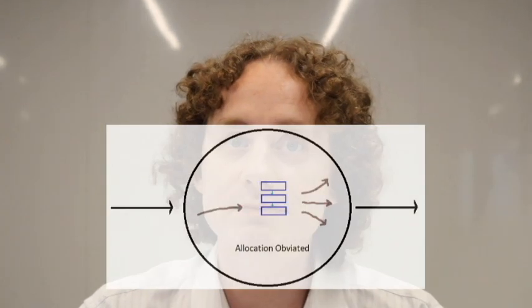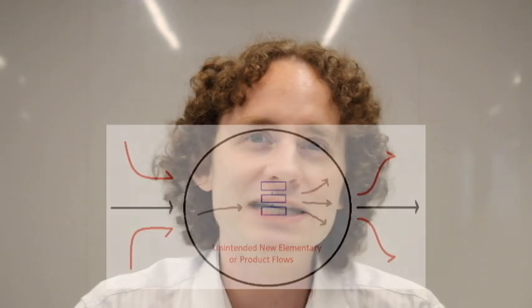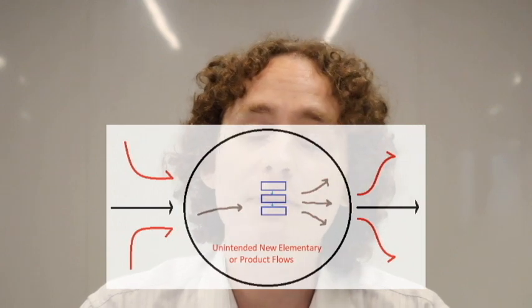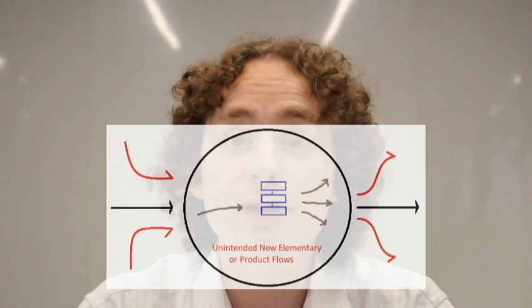Now sometimes it's worth it, and you end up bringing flows back into the product system, and therefore you don't have to allocate them. Sometimes it might just make things harder though, since the new functions you want to include might come with their own baggage in the form of additional product or elementary flows. So use your judgment if this is indeed the avenue you select out of the two.